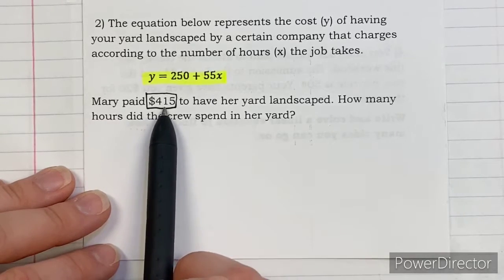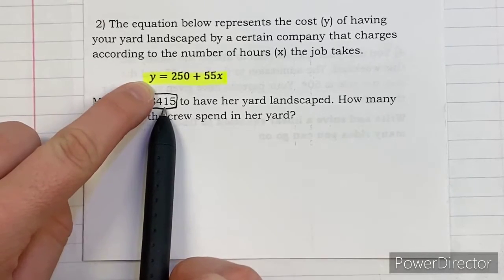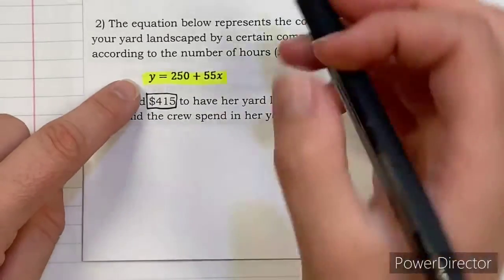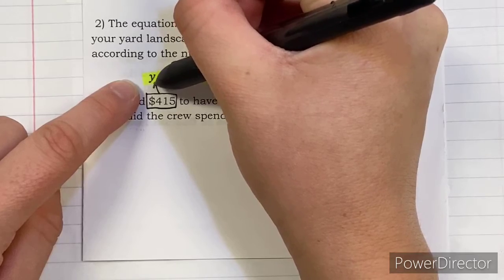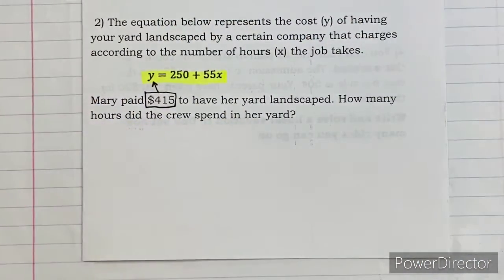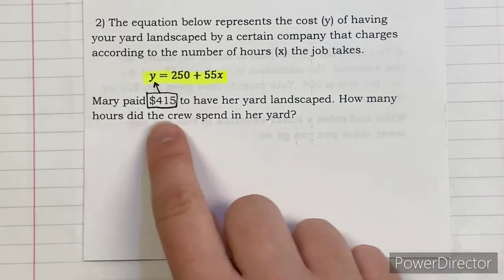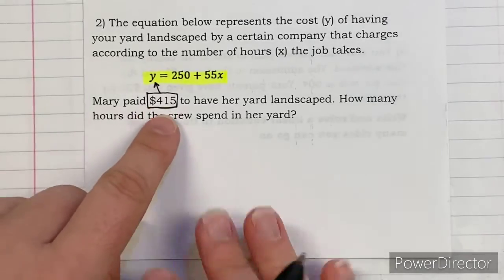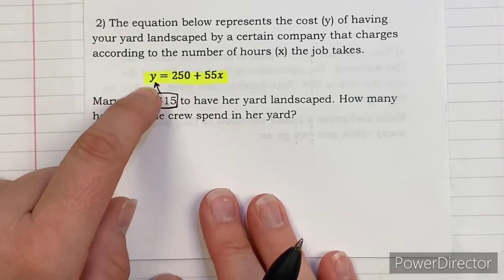Y is the cost, x is the hours, so this 415 will need to be substituted in for the y spot because it's the cost. That's what she paid. Then our job is to figure out how many hours the crew spent in her yard. So let's build our equation. We're just going to take this 415 and substitute it in for that y.